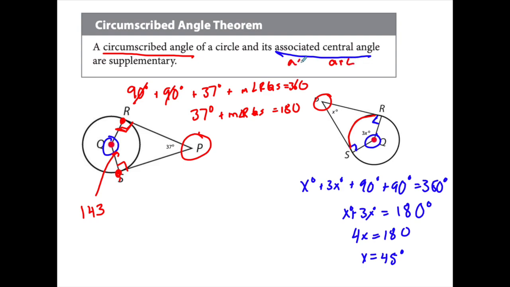So not only the associated angle, but the associated arc are also supplementary, because if x and 3x are supplementary, and 3x is congruent to the arc, then x and the arc also have to be supplementary. Okay?